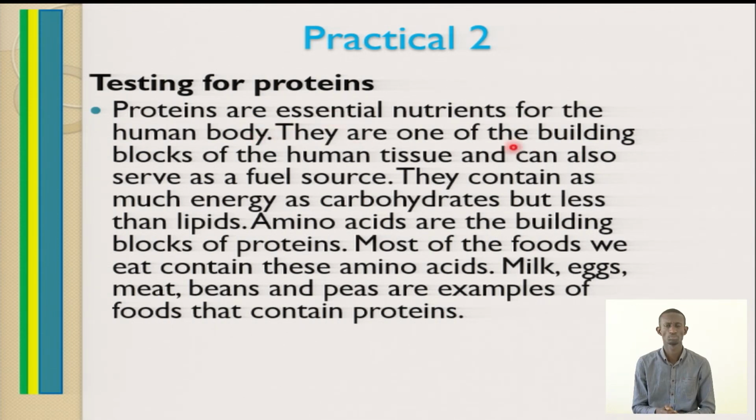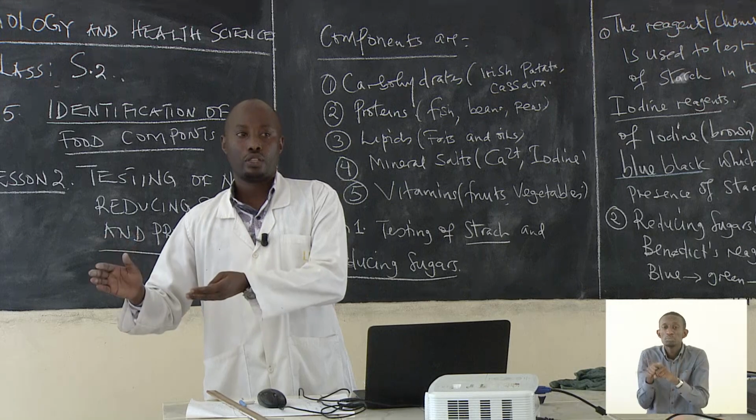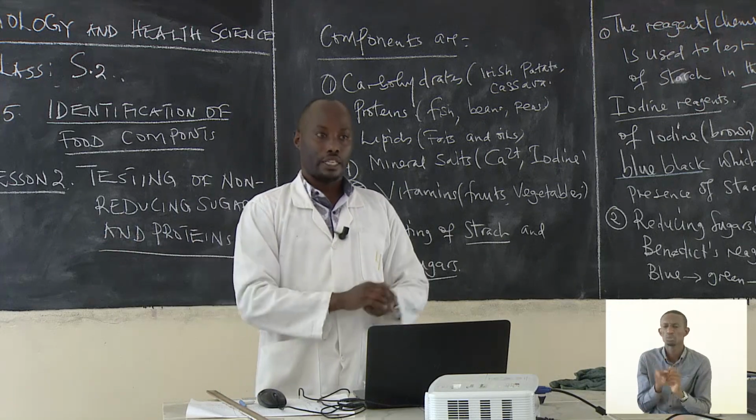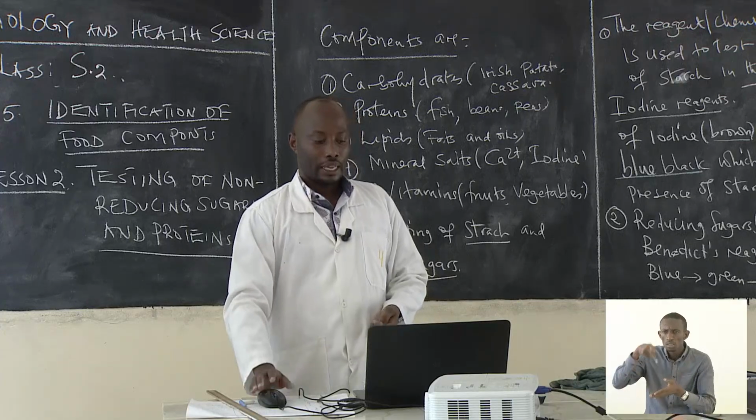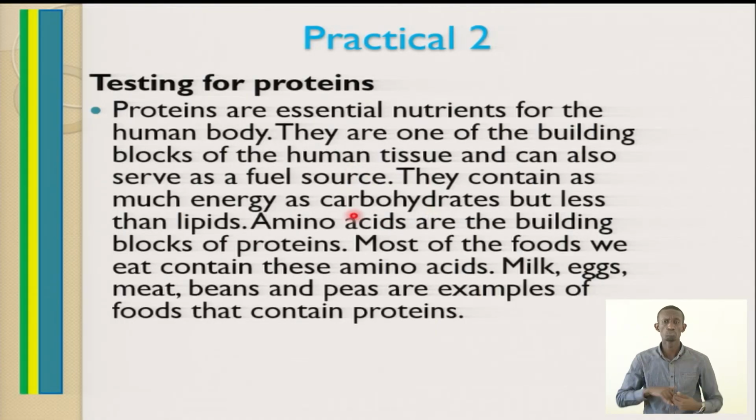They are one of the building blocks of human tissues and can also serve as a fuel source, which means protein can also give us energy. They contain as much energy as carbohydrates, but less than lipids, meaning lipids have more energy than carbohydrates and proteins.